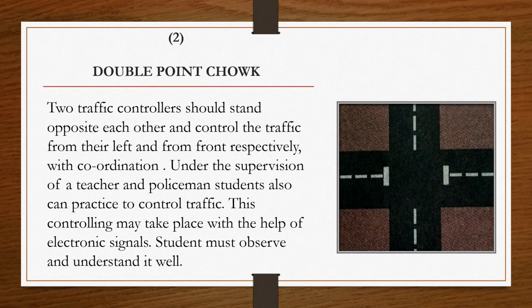Under the supervision of a teacher and policeman, students also can practice to control traffic. This controlling may take place with the help of electronic signals. Students must observe and understand it well.